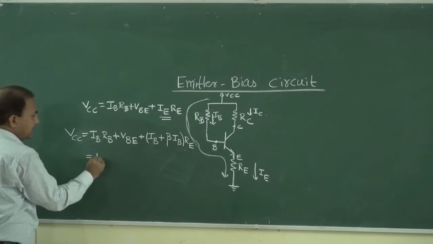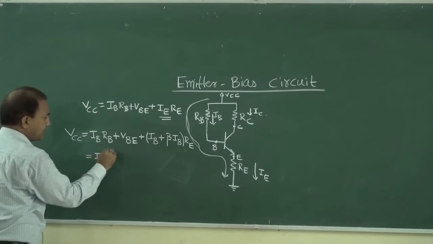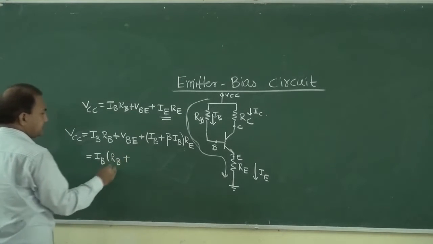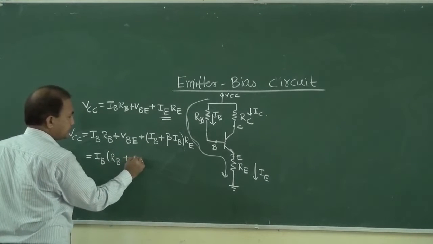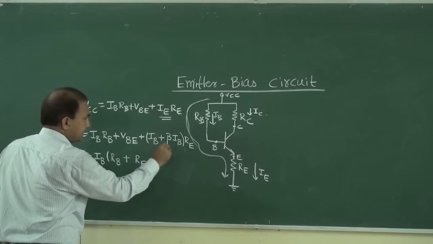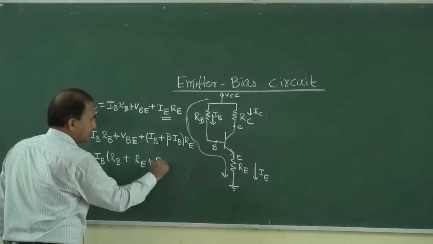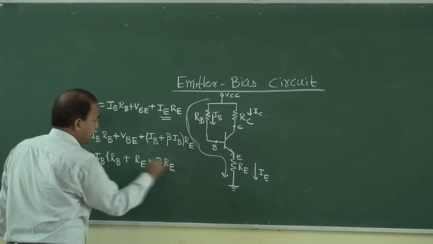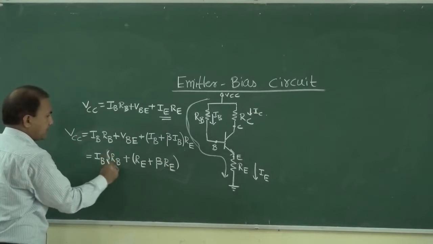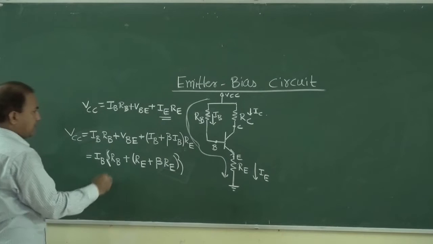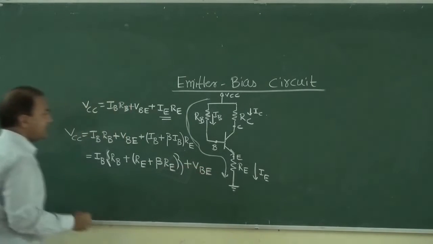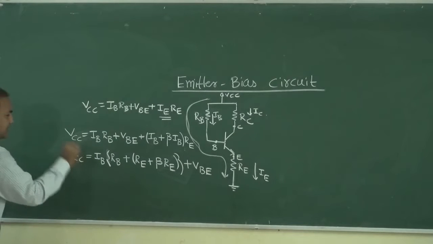So it is equal to IB RB plus RE plus beta RE plus VBE. We can write this equation like this.